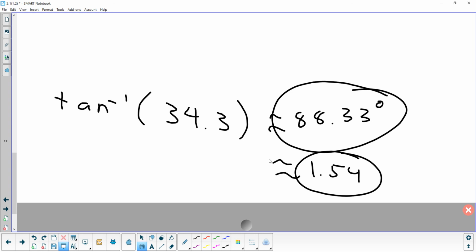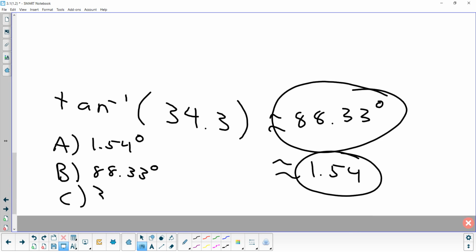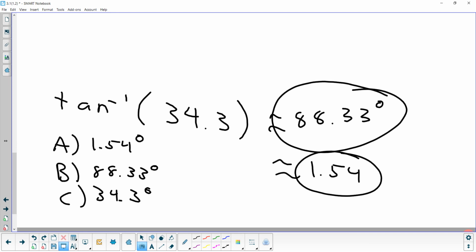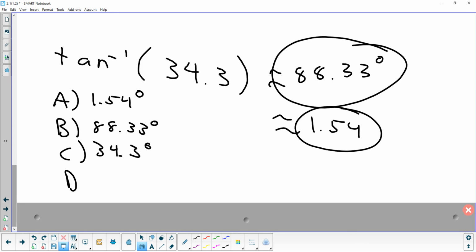So let's say that it was a multiple choice question, and the choices for this question were A, 1.54 degrees, B, 88.33 degrees, C, 34.3 degrees, and D, apples.